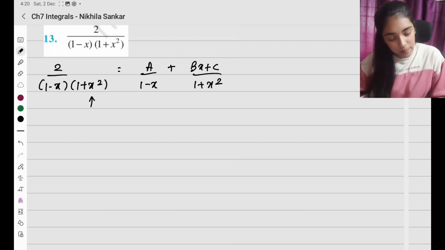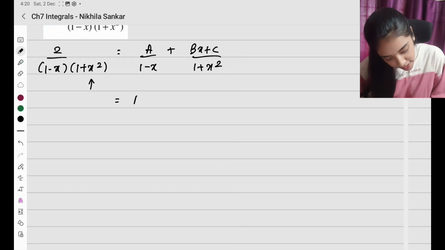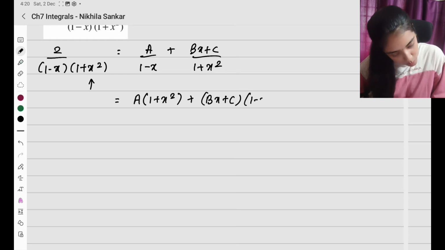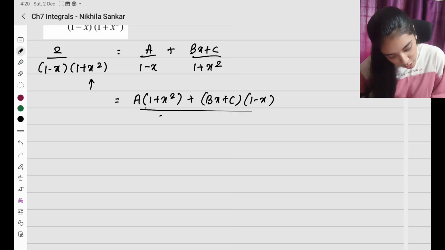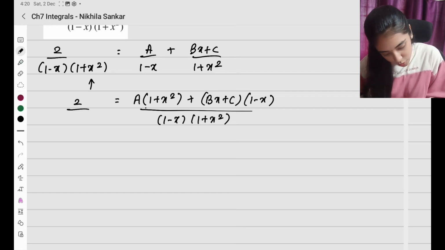Okay, understood? So now when I take the LCM, a times 1 plus x square plus bx plus c times 1 minus x. Always put a bracket. Denominator 1 minus x times 1 plus x square, the same as 2 divided by 1 minus x, 1 plus x square.